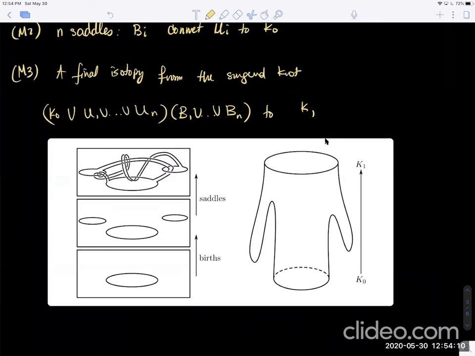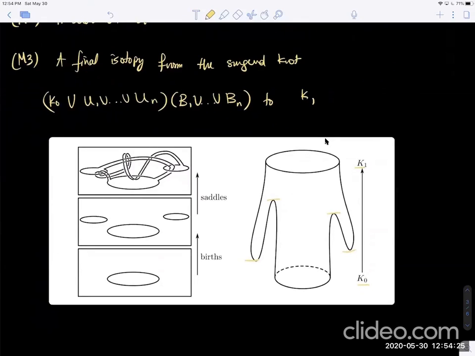If you start with some sort of ribbon concordance from K0 to K1, some sort of concordance that has only saddles and minima, no maximum, then you can take this and isotope it so that you can construct some sort of movie presentation that has the following property. That starts with your K0, then you have a bunch of births, then you have a bunch of saddles, and doing this, you can join your knot K1, given here, to your knot K0 through some sort of ribbon concordance.